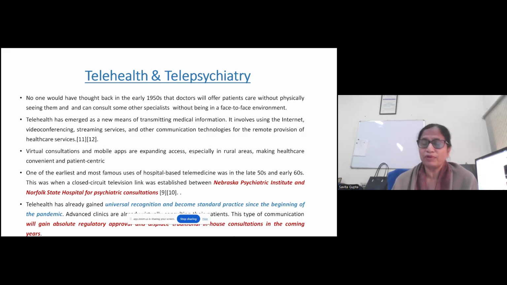To provide medical equity between the rural and urban population, virtual consultation and mobile apps are expanding. Every government is adopting telehealth, and it has become a universal standard practice since the beginning of the COVID-19 pandemic. This type of telehealth communication will soon gain absolute regulatory approval, so that it can be used in practice by all hospitals.